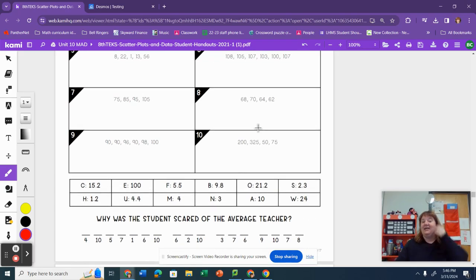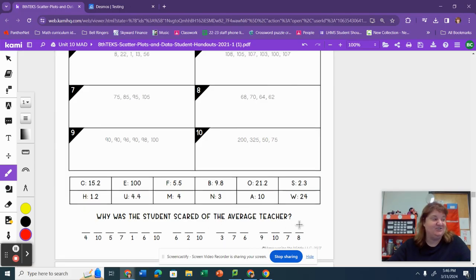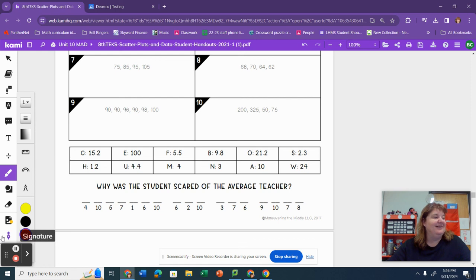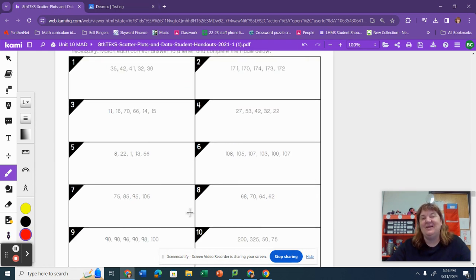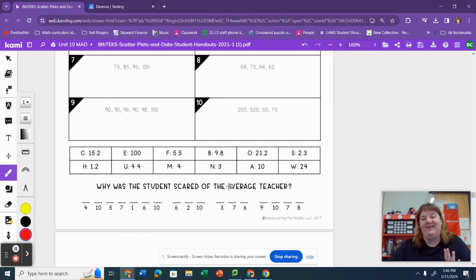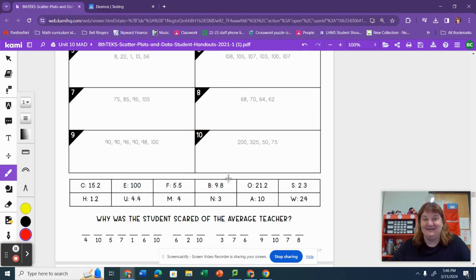And actually, I think I'll put it on the Edpuzzle that you need to be able to tell me why the student scared the average teacher. Why was the student scared of the average teacher? Let me look at the answer. Oh, it's a good answer. Okay, so you should be able to do this. And I'm going to have on the Edpuzzle this question.